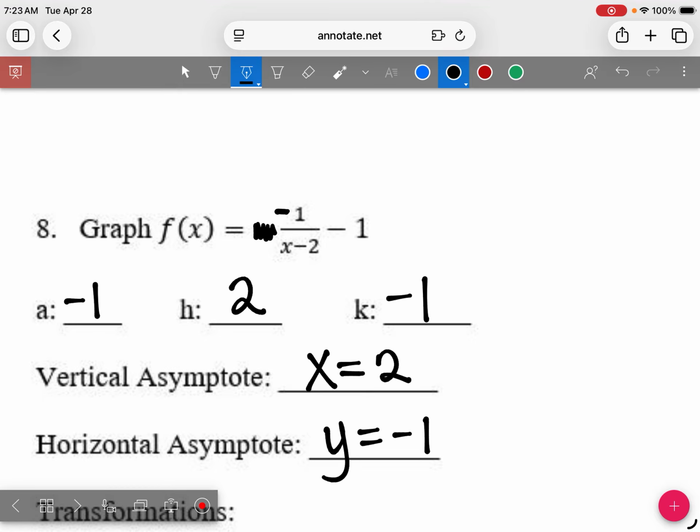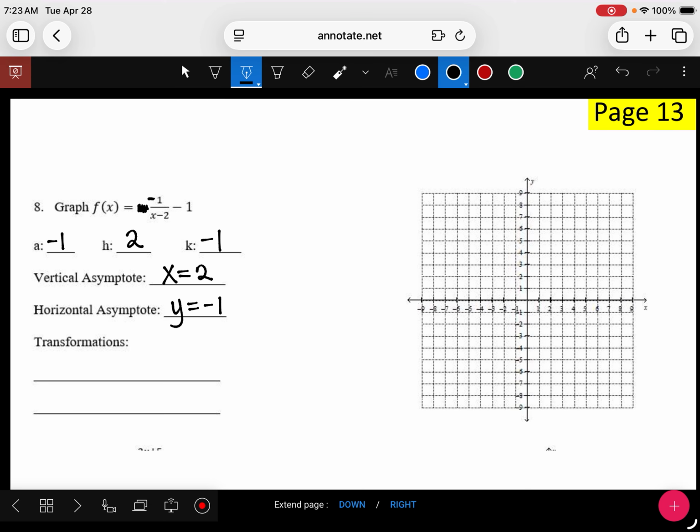Let's go ahead and graph those asymptotes. Pick up one of your colors. We have a vertical one at +2 and a horizontal one at -1.